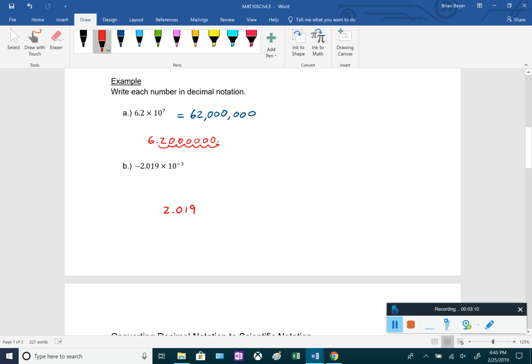The exponent here is negative 3, so it's going to be moving this decimal point to the left 3 spots. So it's going to be right there. Once again, we have to fill in some zeros here. So our answer is going to be 0.002019. I'm just going to put a 0 in front of the decimal.